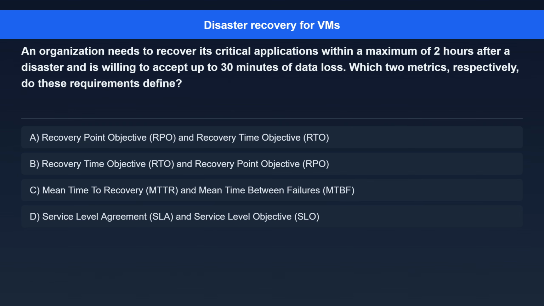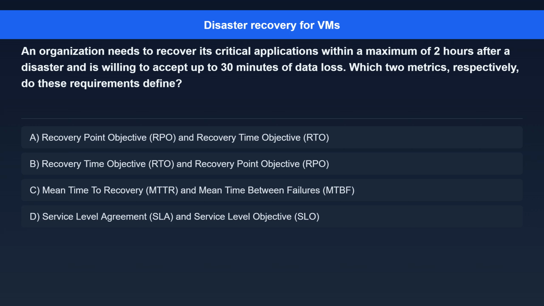Question 7. An organization needs to recover its critical applications within a maximum of 2 hours after a disaster, and is willing to accept up to 30 minutes of data loss. Which two metrics, respectively, do these requirements define? Option A. Recovery Point Objective, RPO, and Recovery Time Objective, RTO.